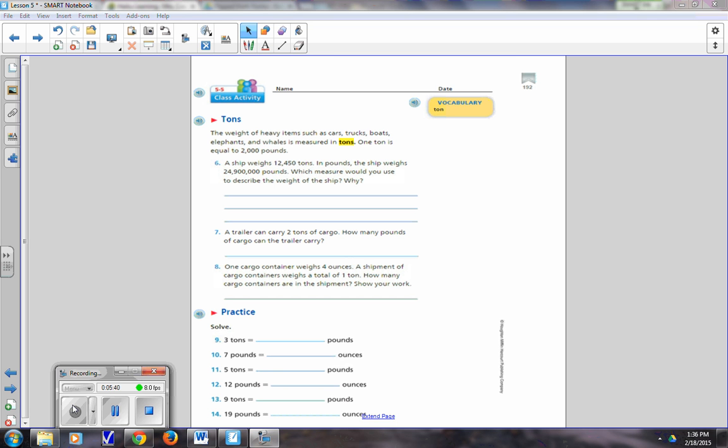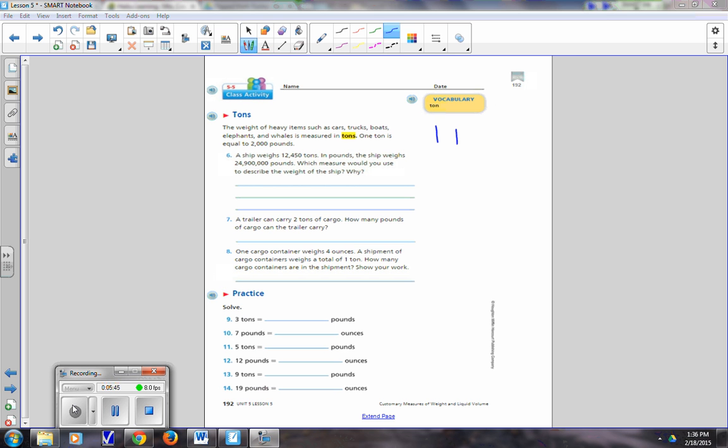It's called a ton. It's not just a saying, it's an actual thing. 1 ton equals 2,000 pounds. So it's going to be easy to make some conversions because they're nice numbers.